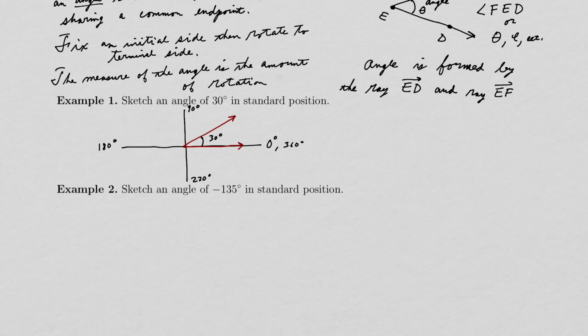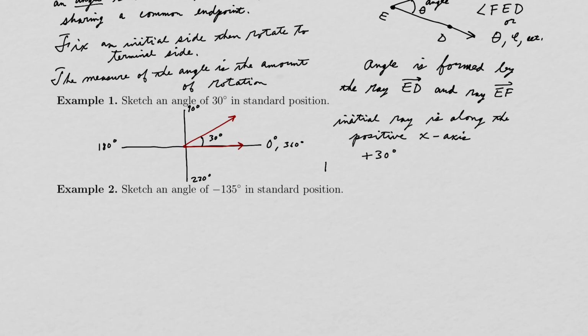Okay, let me write that down here. So initial ray is along positive x-axis. And then, because in this case I wanted to represent positive 30 degrees, the positive means to rotate counterclockwise.